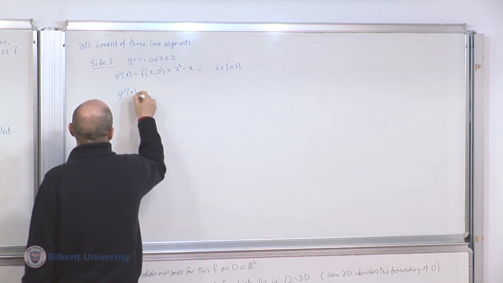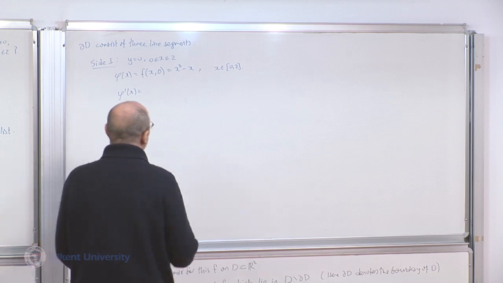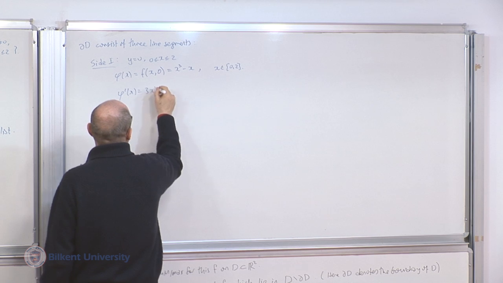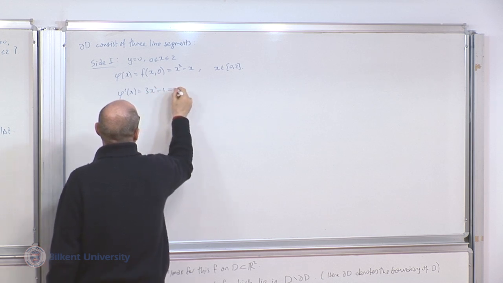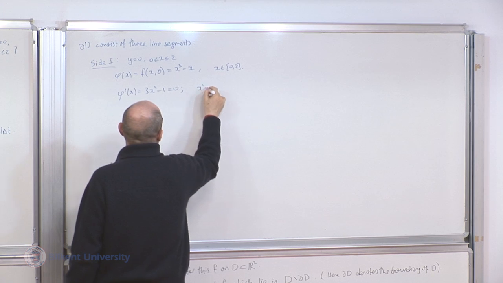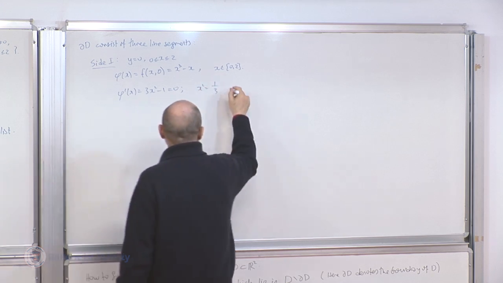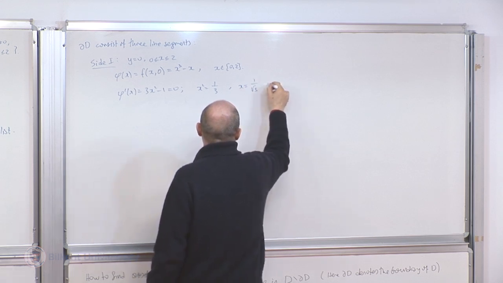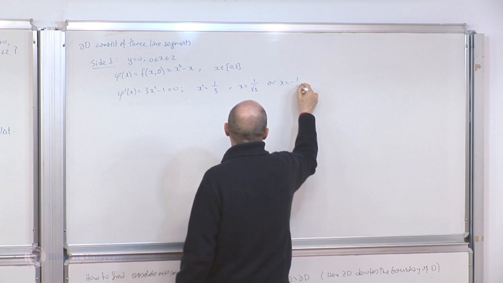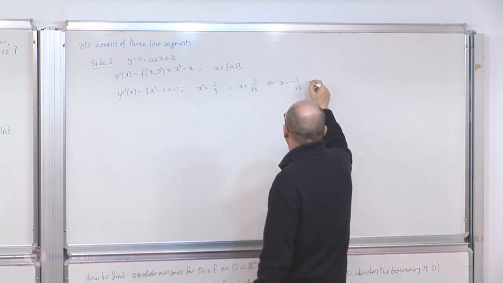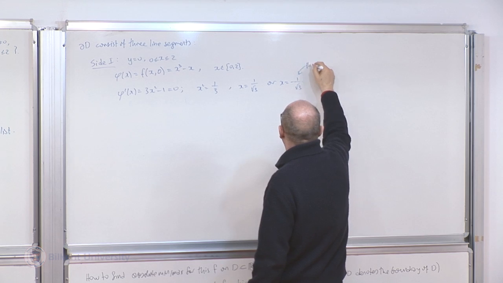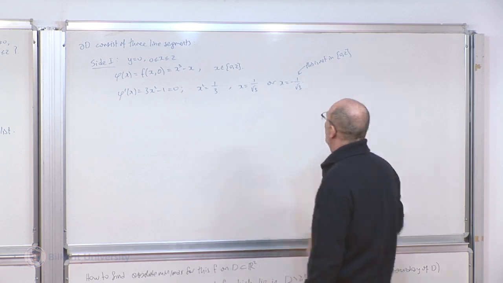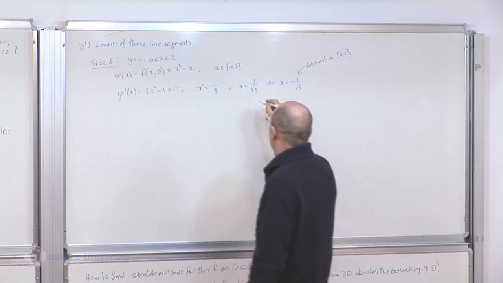Phi prime of x. I'll do this in detail, and then I'll just write the results for the other sides. So this is 3x squared minus 1. I want this to be 0. So x squared is equal to 1 over 3, and x is equal to 1 over square root 3, or x equals minus 1 over square root 3. But this is not in 0, 2, so I throw that out.